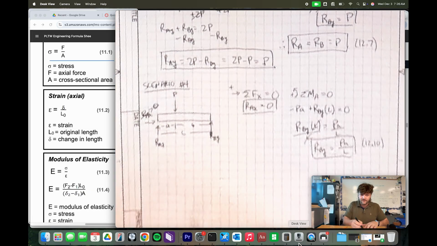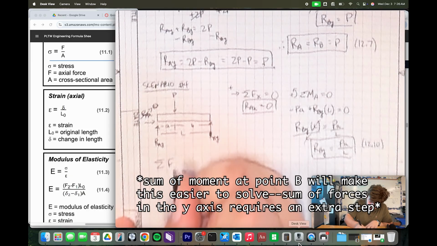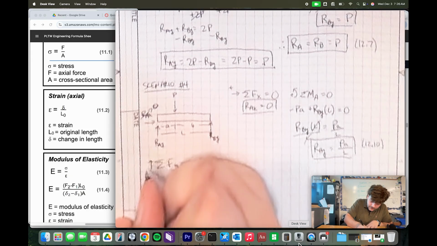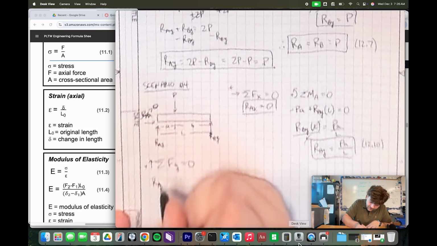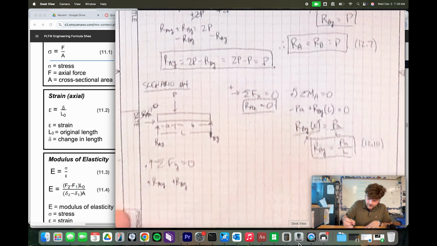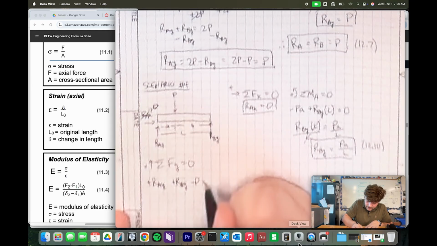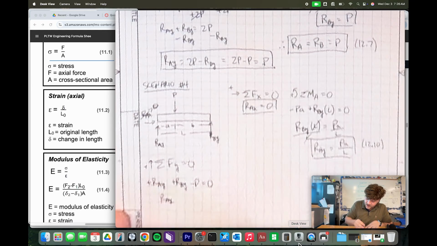And then so now we can find RAY here. How we can do that is we could use the sum of the forces in the y-axis is equal to 0. Up is going to be positive. And so now we have RAY, which is a positive force, plus RBY, and then minus P equals 0. So now I'm going to solve for RAY here, right?